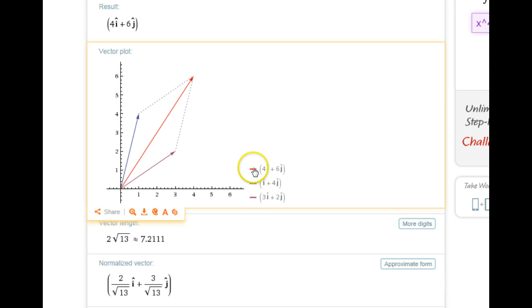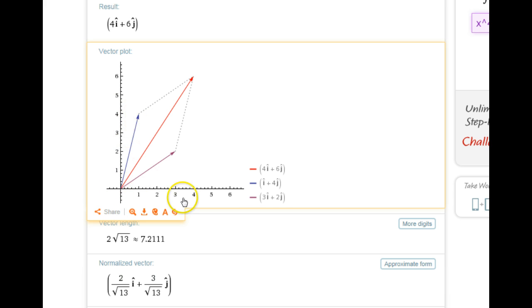And see, this is what I was talking about before, that the colors tell you which vector you're looking at. So here's our two addends down here, and here's the resulting vector. We added i plus 4j, that's this guy. Since i is the unit vector, it would just be going over 1, plus 4j.